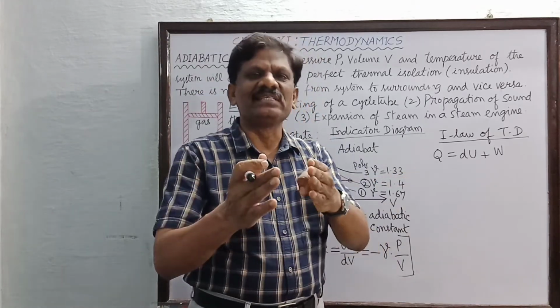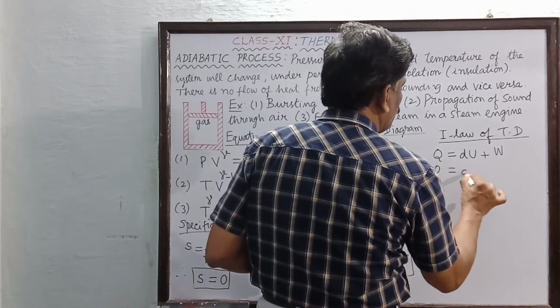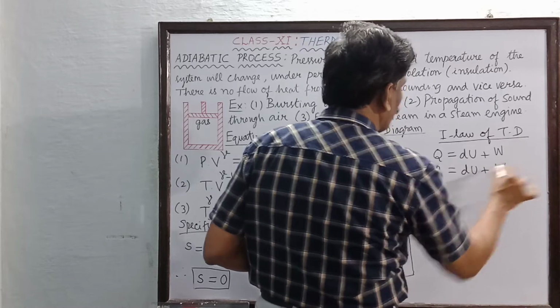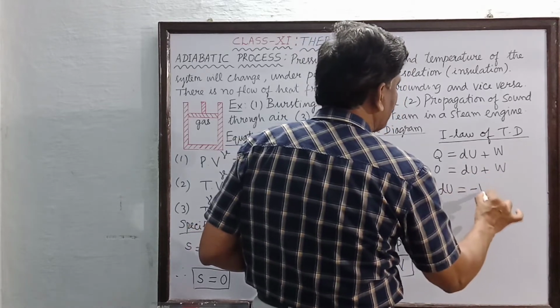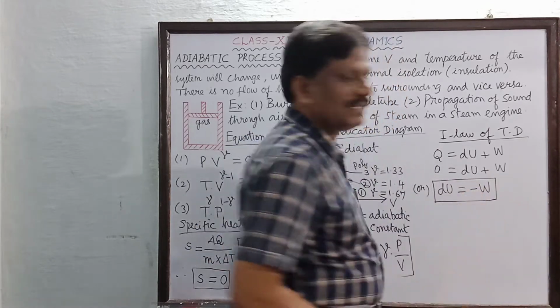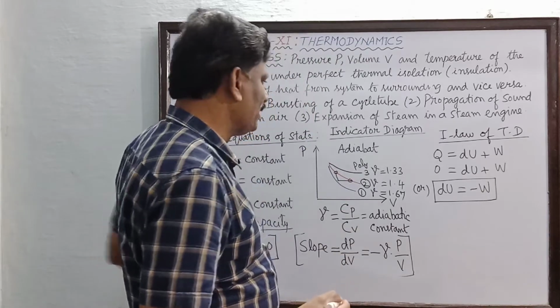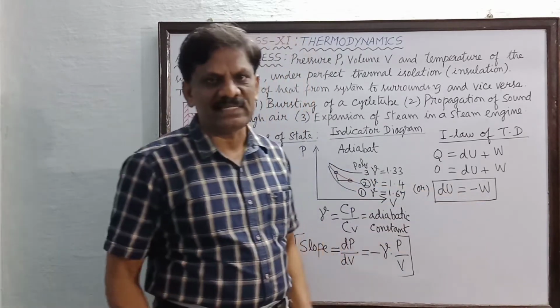Q supplied to a system is equal to 0. So 0 is equal to du plus W, or du is equal to minus W. This is the equation of the first law of thermodynamics for an adiabatic process.